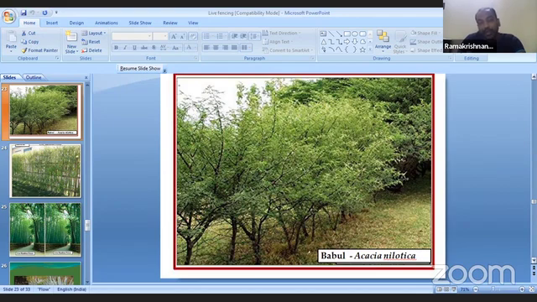Because when planted congested, the plants grow up to 6 to 7 feet high, which is essential. When planting congested, we get more and more protection. So no gap planting will make very good fencing.